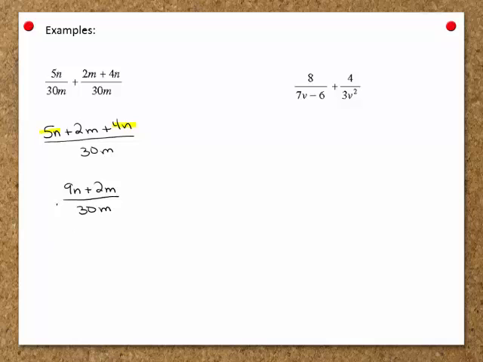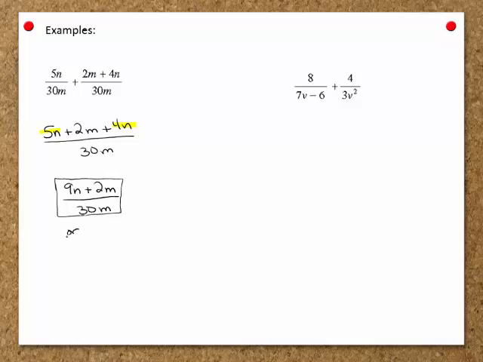Now in order to reduce this, the only way I can reduce this is to either split this into two fractions, or all three terms here would need to be reduced by the same factor. For me personally, I just leave it as one expression. I don't split it, and I say that that's done.